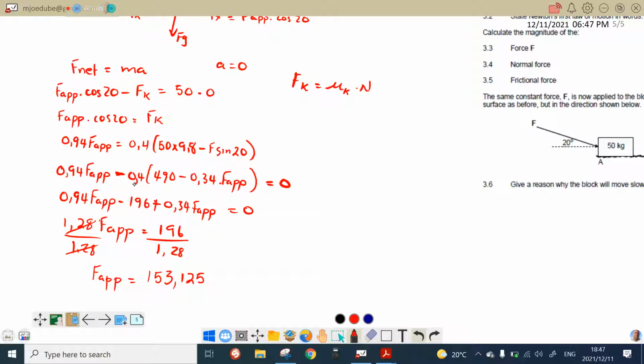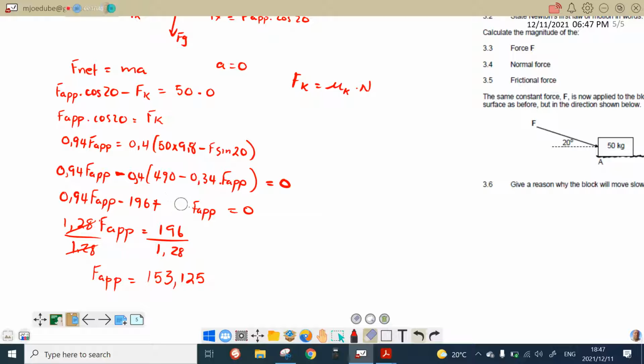Whilst I multiplied this by the 0.4 times 490, I did not multiply the 0.34 by 0.4. So that means that is incorrect. I sensed that there was something amiss.